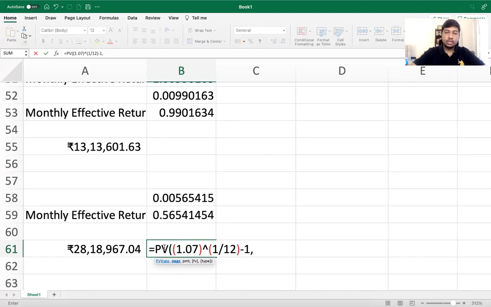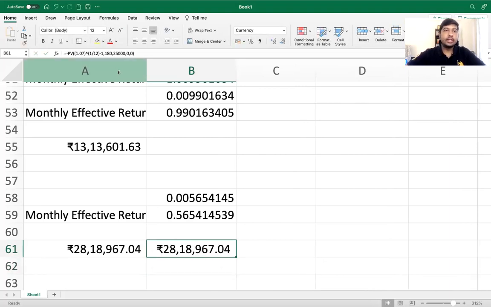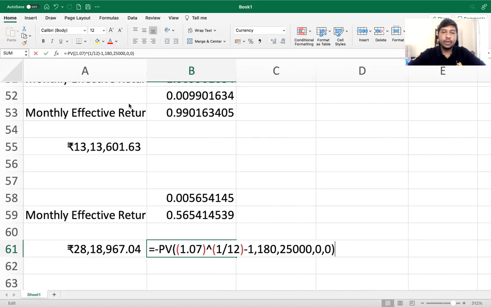Then I can put the number of payments, that is 180. Then I need 25,000 rupees per month. FV 0, type is end. And when I do that, I still get the same answer. But what I've done is I've solved the rate in the formula itself. Okay, here I've shown it differently, but here I've solved the rate in the formula itself.